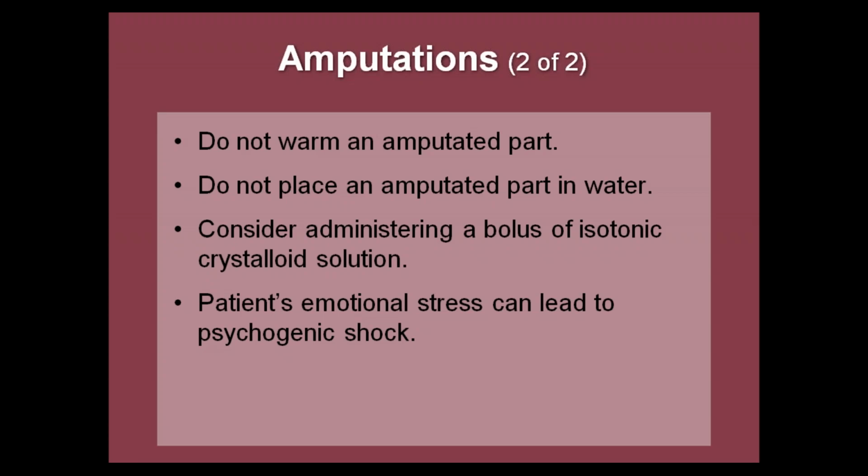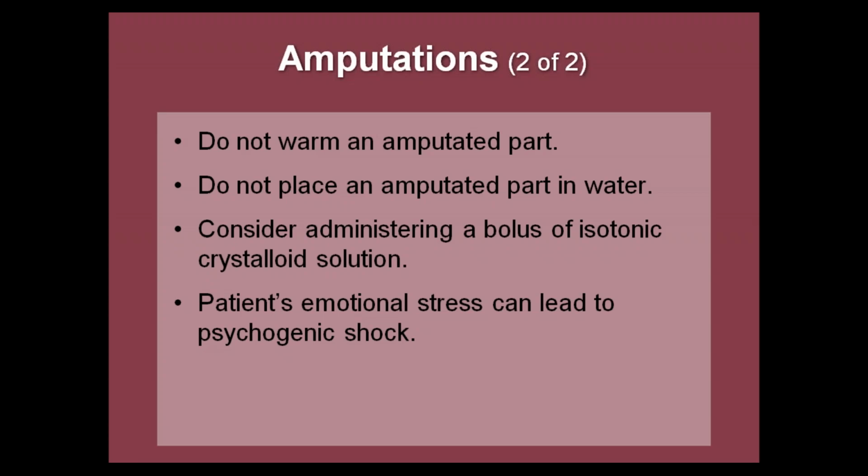Do not place the amputated part in water. Consider administering IV bolus, obviously, trying to maintain good perfusion, making sure that the blood pressure is up at 90 systolic at least. You don't want it too high. Again, this is truly focusing on that mean arterial pressure.